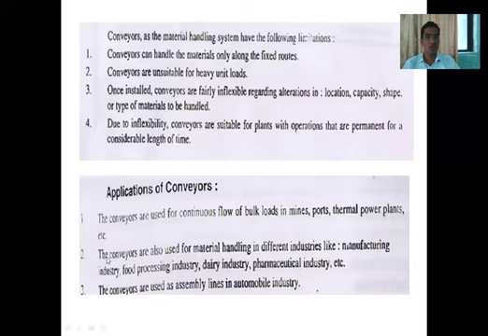Then the next application of conveyors is material handling in different industries like the manufacturing industry, food processing industry, dairy industry, then pharmaceutical industry, etc. Then the next application of conveyors is as assembly lines in the automobile industry. So these are the advantages, limitations, and applications of conveyors as a material handling system.